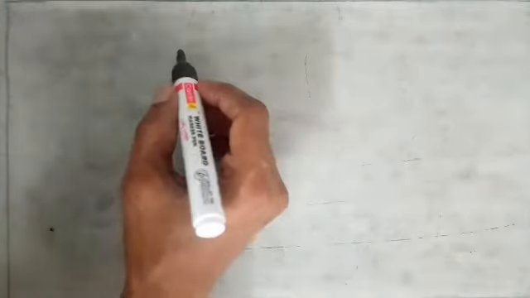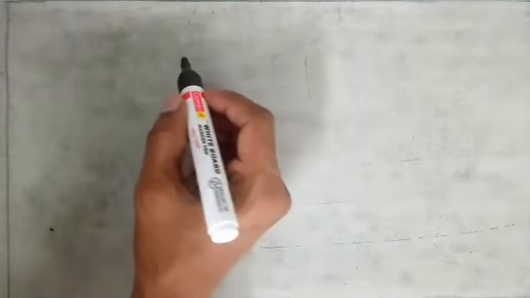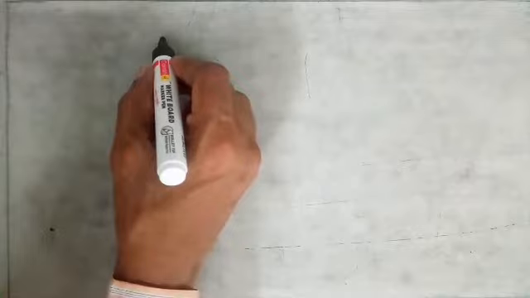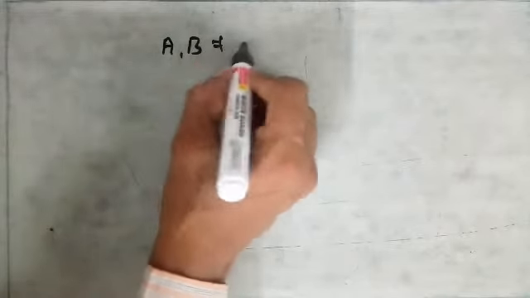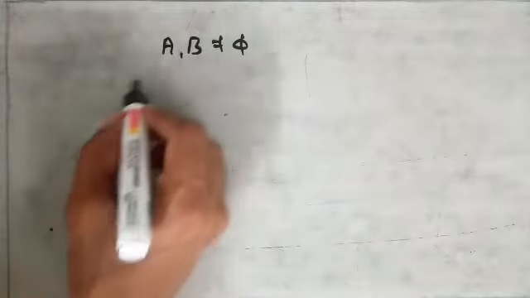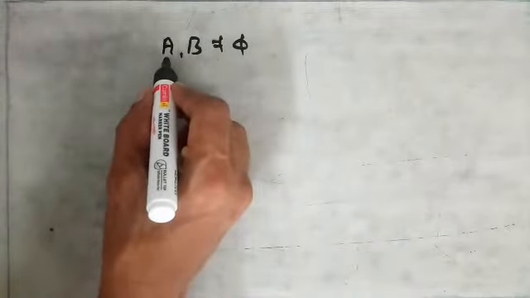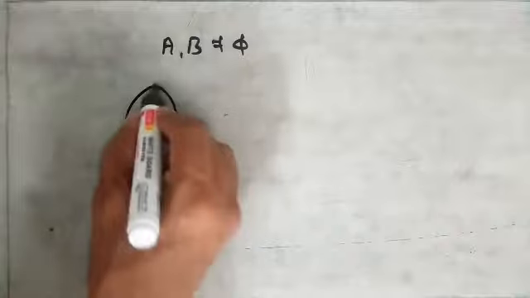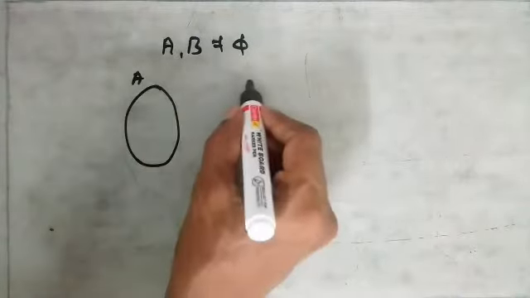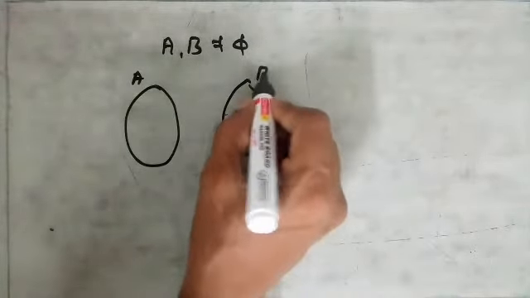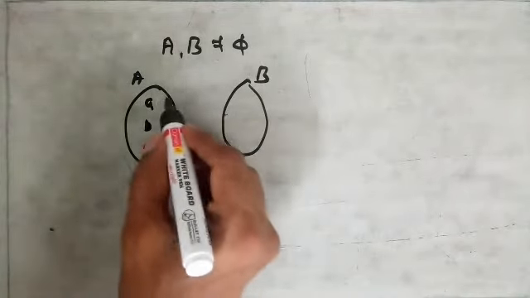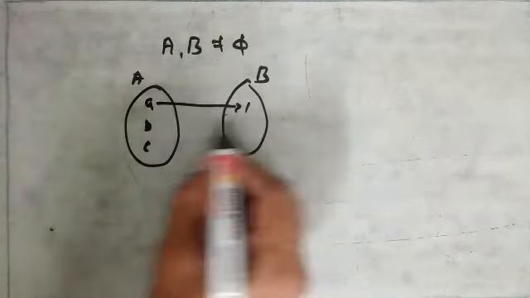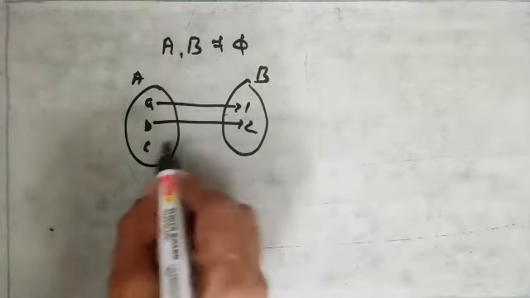Remember this: which relation is said to be a function? For two non-null sets A and B, that is A, B not equal to the null set, a relation which associates every element of A with a unique element of B is said to be a function.